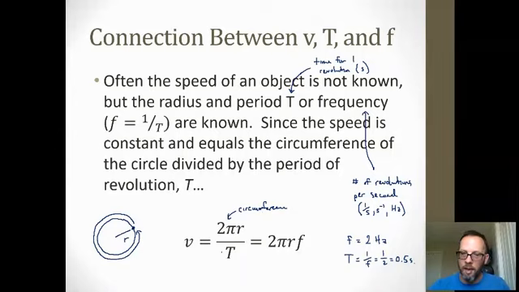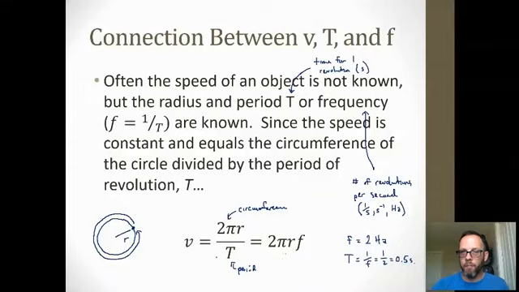And the time it takes to do one motion around the circle is the period, T. So you have this thing that relates speed, radius, and period, and it's just distance over time: 2 pi r over T. And if you replace 1 over T with the frequency, you get an equivalent expression, 2 pi r f.